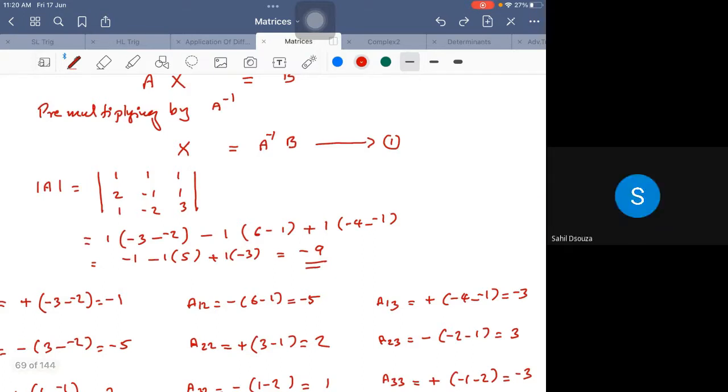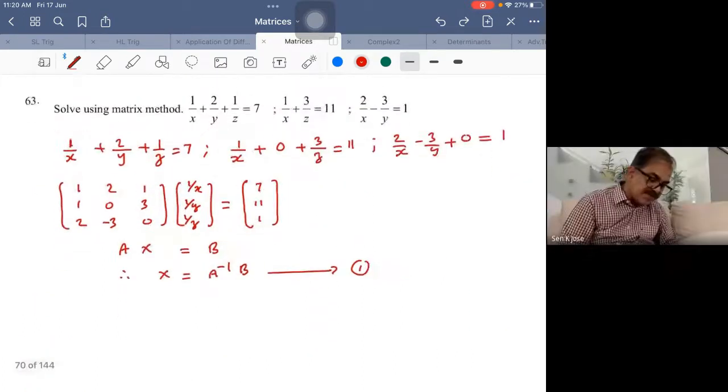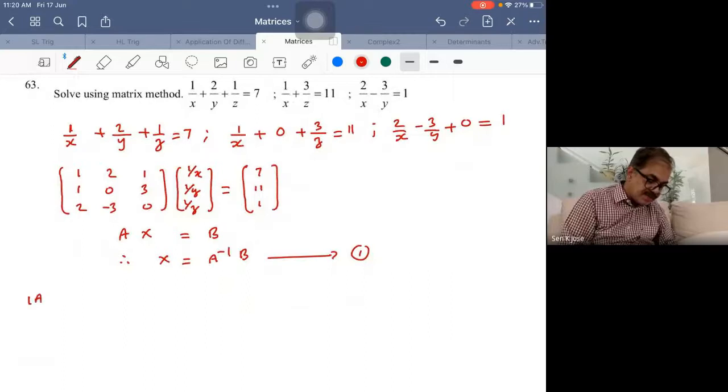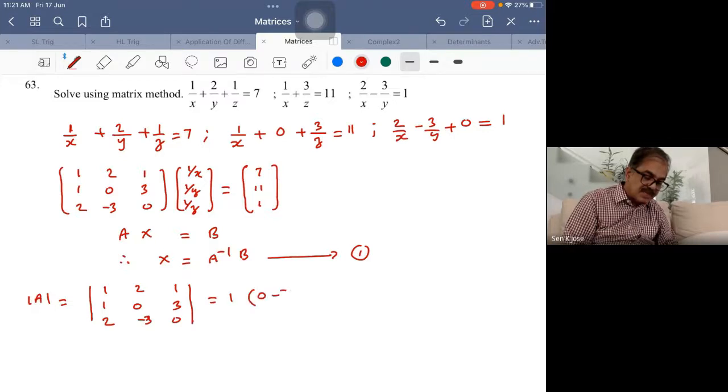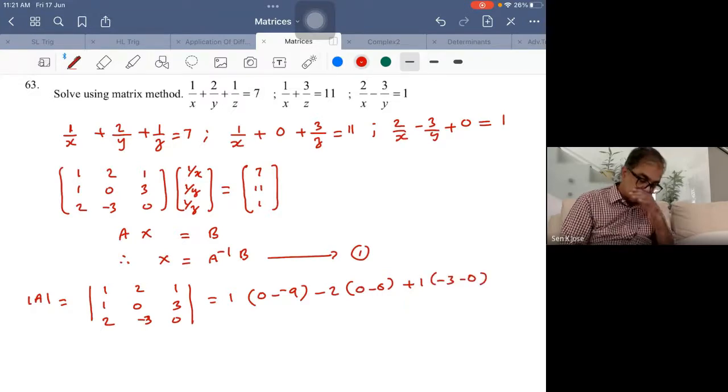So I'll find the determinant of A. Determinant of 1, 2, 1, 1, 0, 3, 2, minus 3, 0, which is equal to 1 into (0 minus minus 9) minus 2 into (0 minus 6) plus 1 into (minus 3 minus 0).